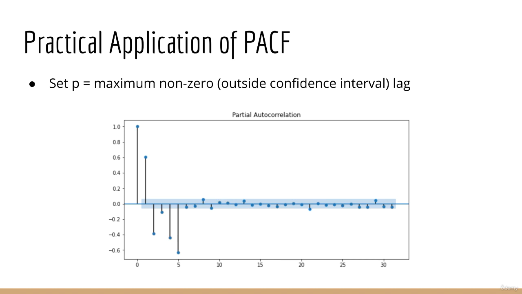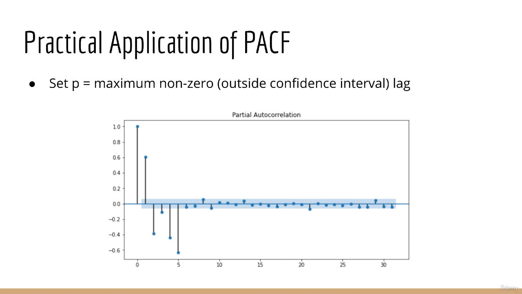From a practical perspective, it's just a plot that looks very similar to the ACF in that it's some kind of autocorrelation function. The vertical axis is still the value of the function, and the horizontal axis still represents some lag. The way that we use it is exactly the same as for the moving average. There will be some confidence interval on the PACF plot.